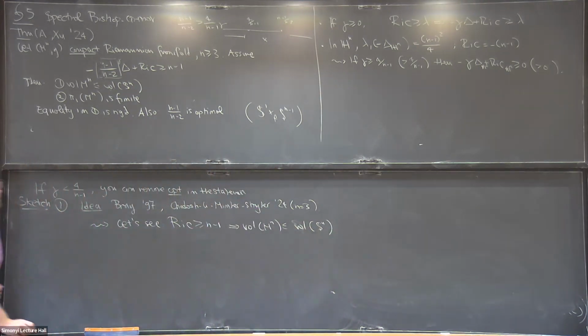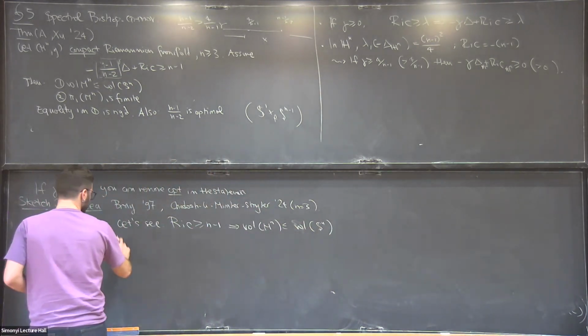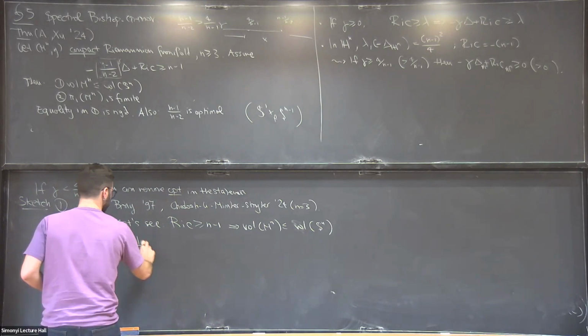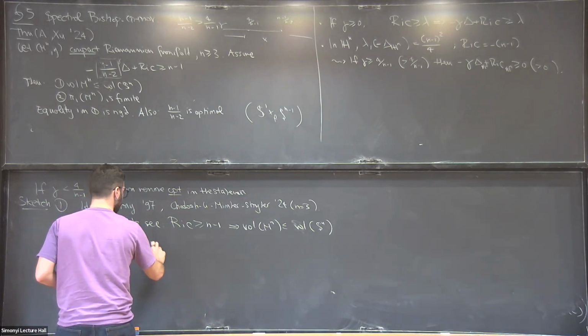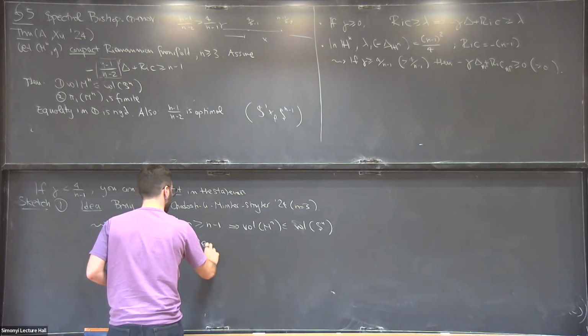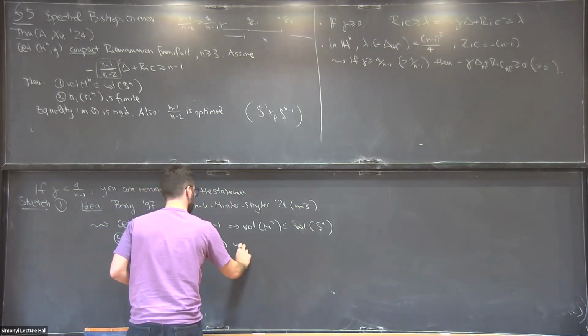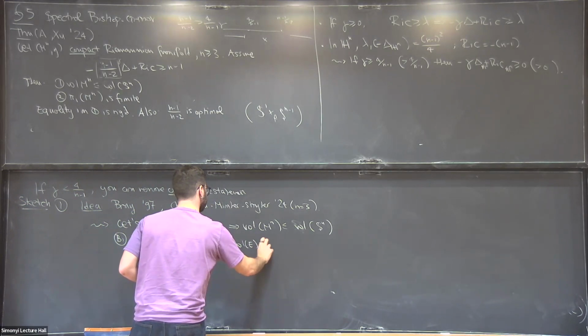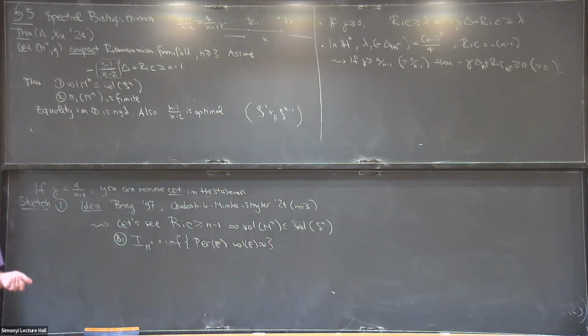So let me define this function, which is usually called the isoperimetric profile. You take the perimeter of isoperimetric sets.